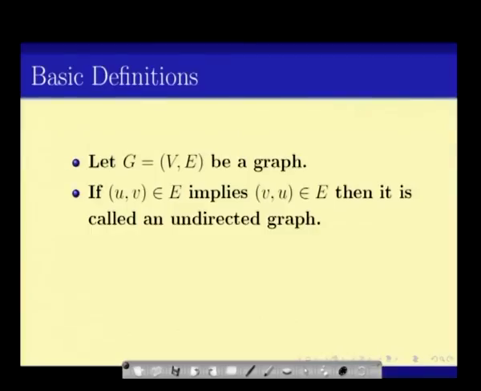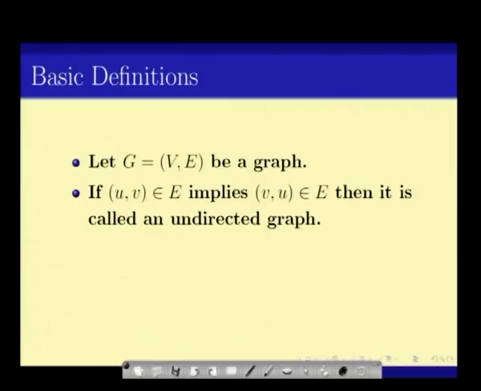When we are defining edges in general, we do not require that if (u, v) is in this set, then (v, u) is also in this set. I can talk about various kinds of relationships, for example, the parent-child relationship. We will draw an edge from A to B if A is a parent of B, that is, (A, B) is in the edge set.